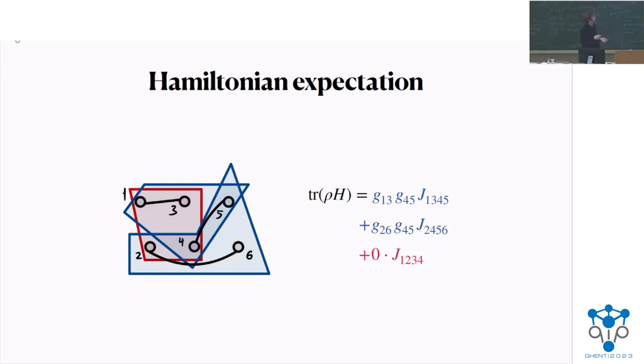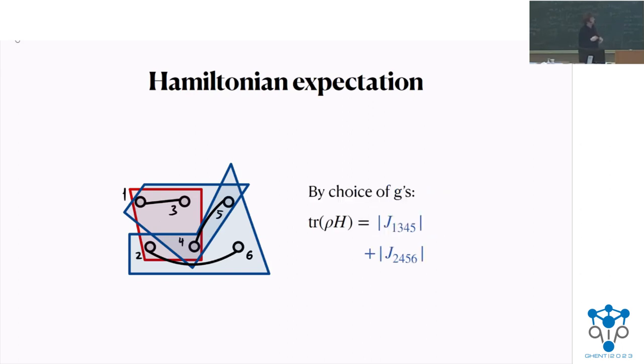What does this give us? It gives us that the contributions from these 2 terms that I highlighted in blue are there, and they're proportional to these products of the g's, while this one doesn't enter the trace. And nicely enough, we try to maximize the energy, right? So we're going to pick our g's such that the contribution from this trace rho h is as high as possible.